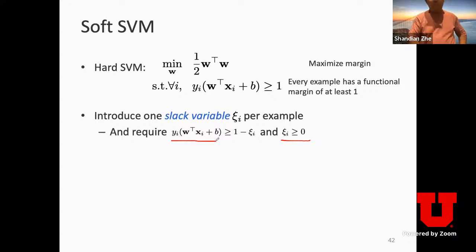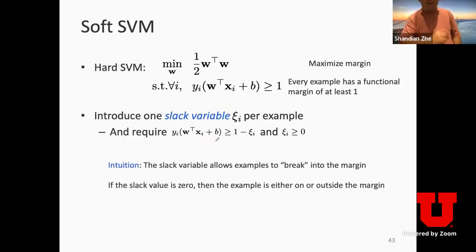So what does it mean? It means that if xi happens to be 0, then this constraint returns to the hard SVM case, right? So this constraint becomes the function margin is no less than 1, meaning xi, yi will stay on the function margin or outside the margin, right?